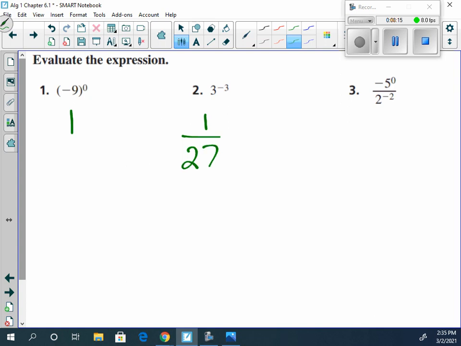One over 27, yes. Because if we did this by hand, we would move it to the denominator, which would be 1 over 3 to the 3rd. And 3 to the 3rd is 27.